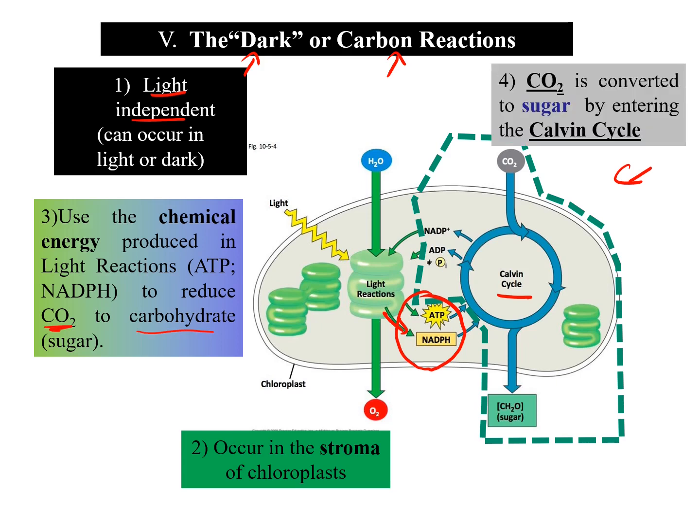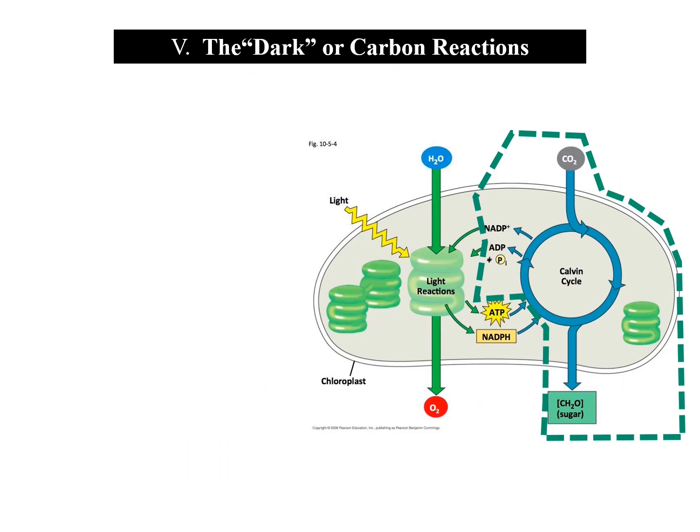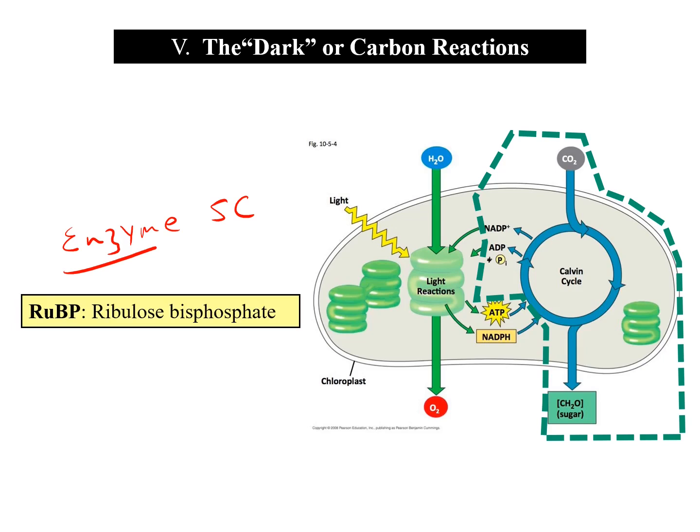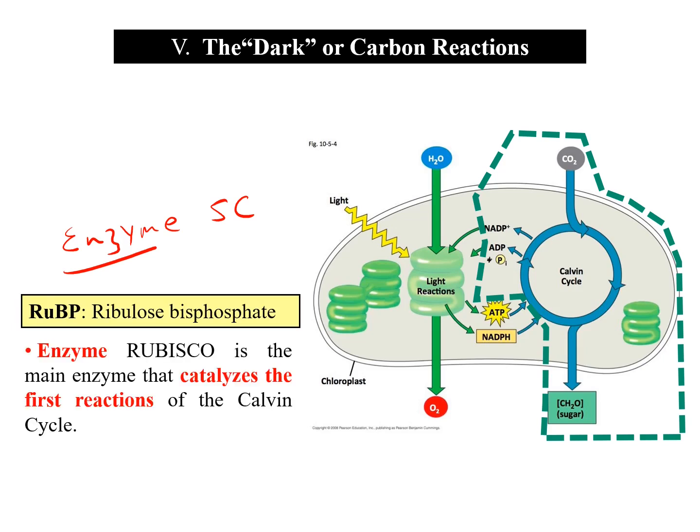And finally, the fourth one from this slide is that the CO2 enters the Calvin cycle to produce a sugar, as we said before in the previous slide. Finally, the last thing that I want you to remember, there is a very important enzyme here that has 5 carbons, called rubisco, and it is in charge of catalyzing the first reactions of the Calvin cycle.